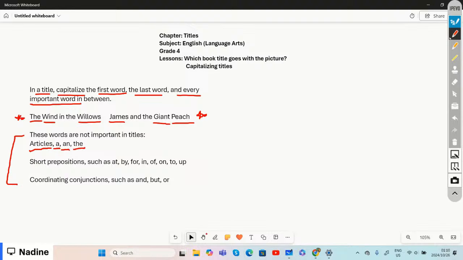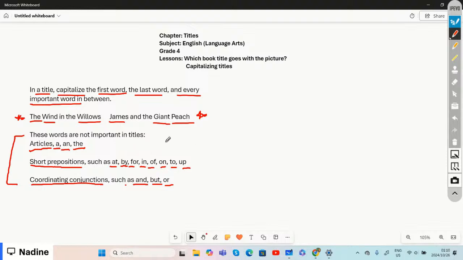Remember, articles we write in front of a noun that starts with a vowel sound or a consonant sound. Short prepositions such as at, by, for, in, of, on, to, up, and coordinating conjunctions such as and, but, or, we do not capitalize.